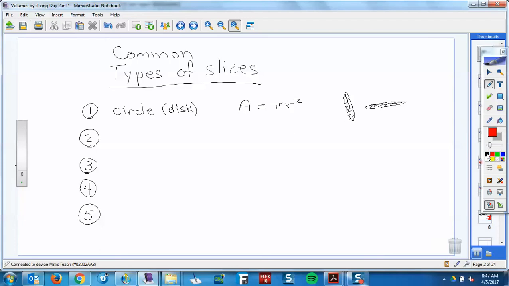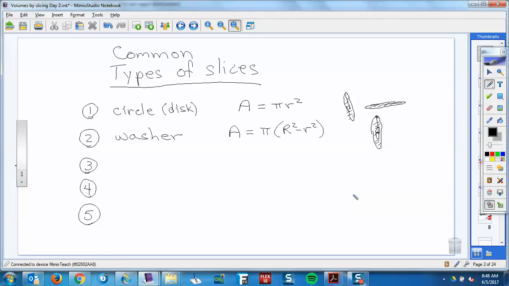We just found another type of slice. A washer. The area of a washer is pi times the quantity big R squared minus little r squared. And that could be horizontal or vertical, but big R and little r, right? A washer.